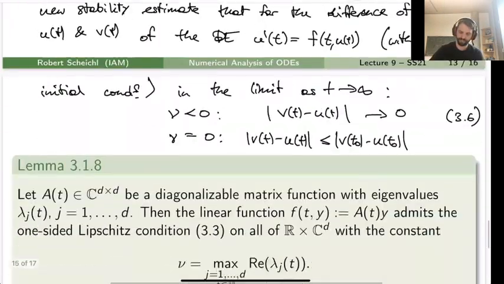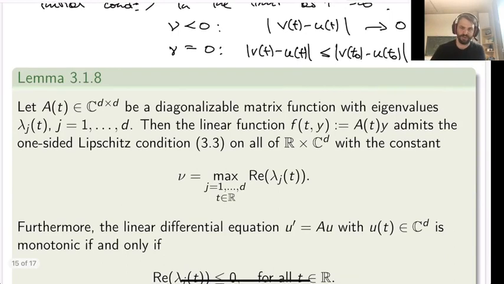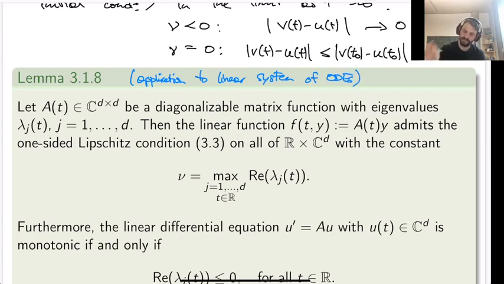Okay. So let's now apply this to a linear system of ODEs, as I said. So this is essentially an application to a linear system of ODEs. Let A of t in C to the d cross d, so even the matrix system I'm making complex valued now, but we assume that it's at least diagonalizable.